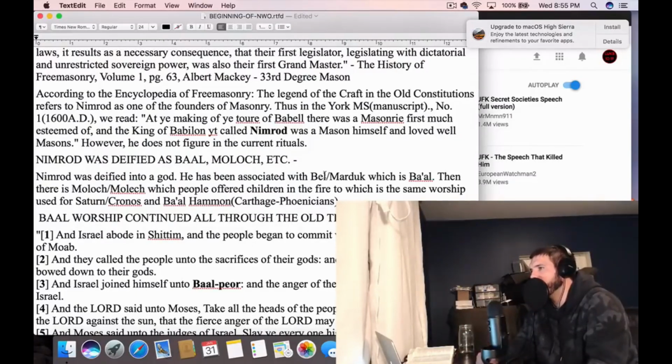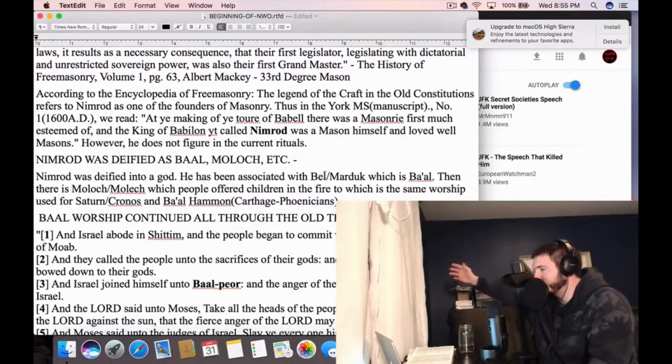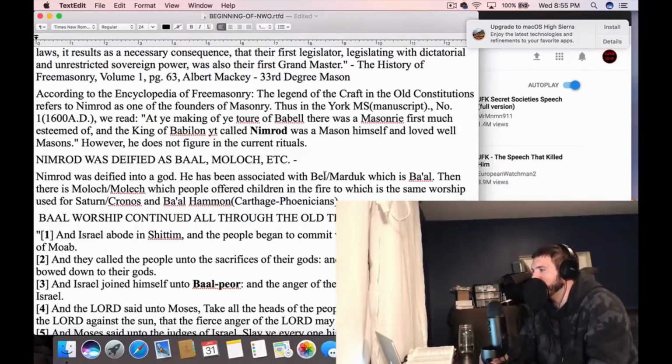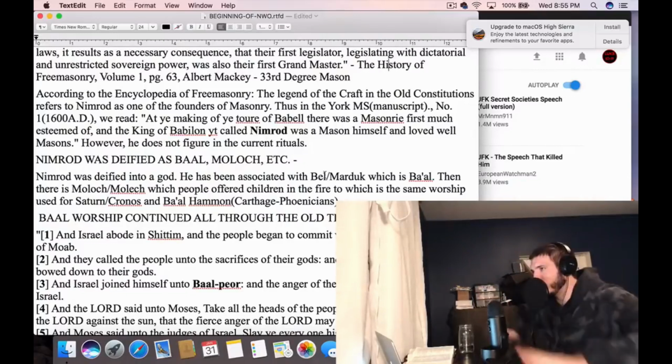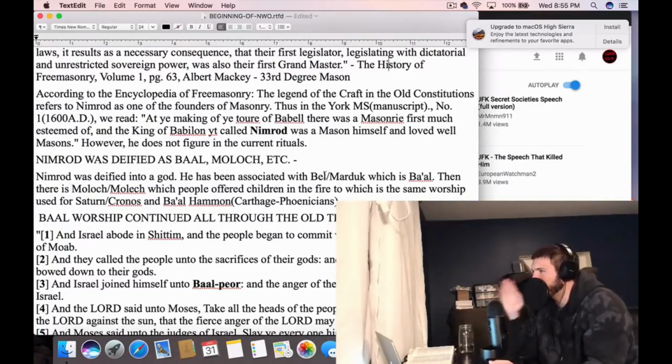Let's say, for instance, there's a judge who's a Freemason, and the defendant in a court case is a Freemason. And the defendant can do the Masonic call of distress. He puts his hands up and does his little funky chicken wing thing, right? And then the judge recognizes that, and as soon as he knows he's a Mason, he's obligated to help him. He's obligated to get him off the hook, except supposedly in cases of murder and treason. Everything else, you're supposed to help him get off the hook if he asks for your help.